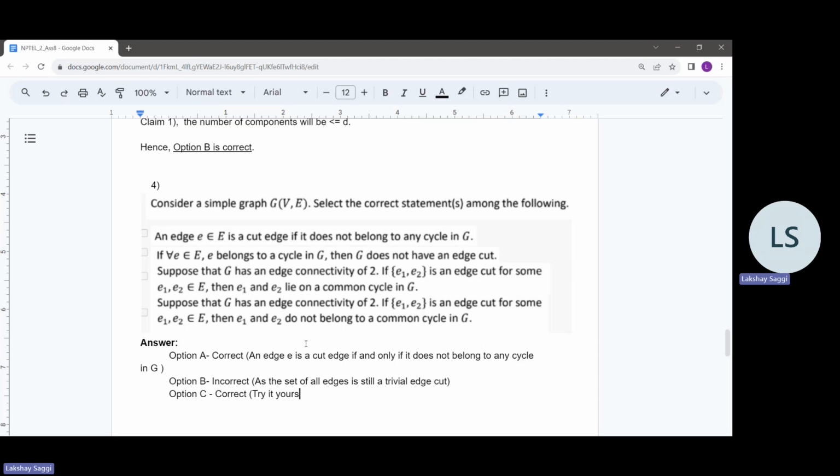So I've given you some intuitive idea, but you should try to prove this yourself. And option D is incorrect, because as option C is correct, option D will be incorrect. So try to prove option C by yourself.